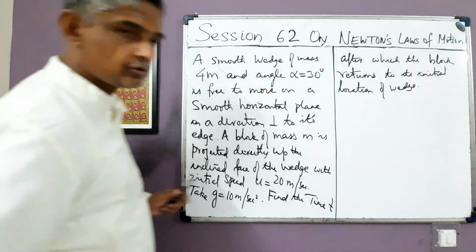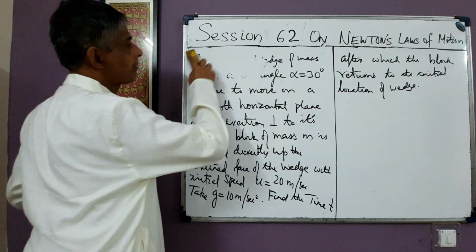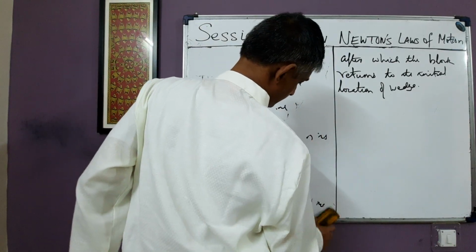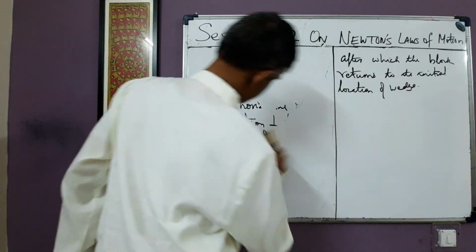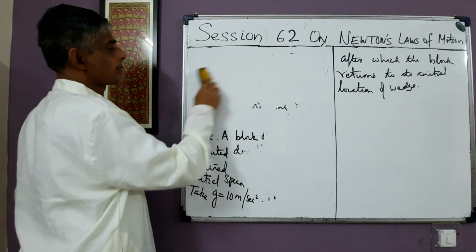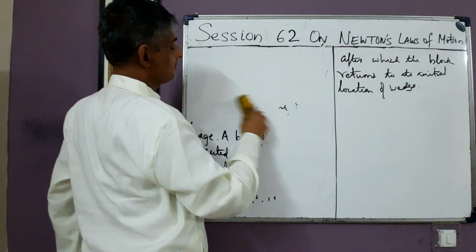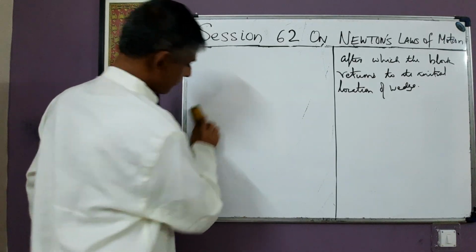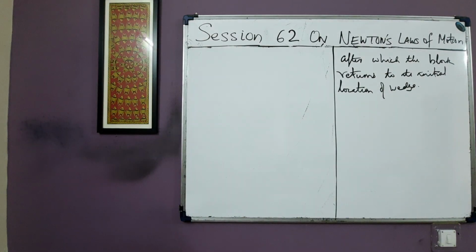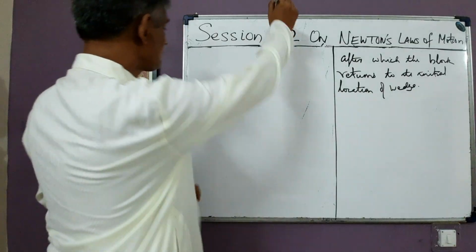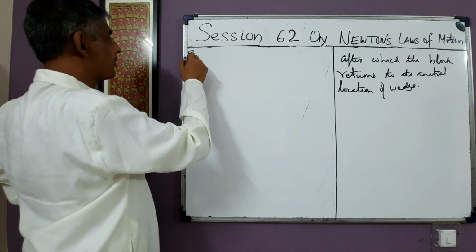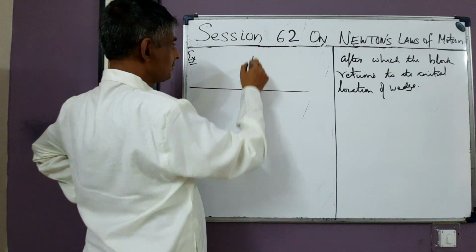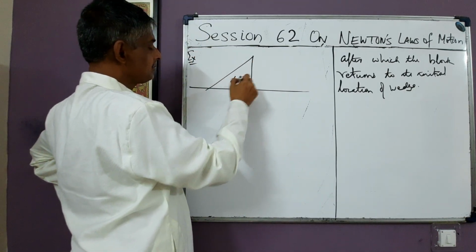I'll draw the diagram of the situation. See, the diagram is this. This is a smooth horizontal surface. This is a wedge of mass 4m.